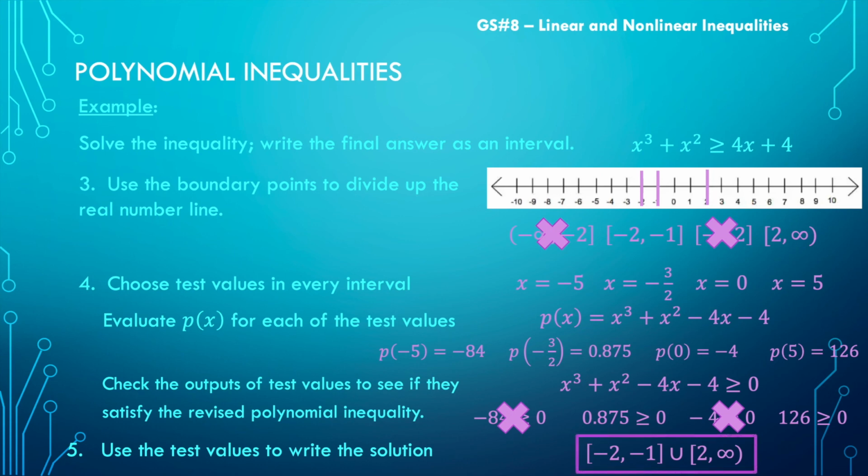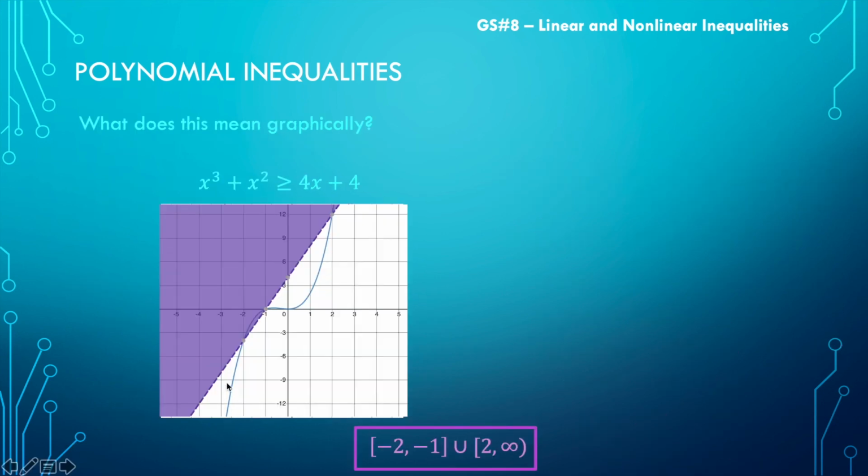All right, and so what does that look like graphically? Well, this is a little more tricky, especially the original inequality. I have here in blue the graph of x cubed plus x squared. All right, and with the purple dashed line, and it really should be a solid line if we were really thinking about this as an inequality, we are looking at everything that is greater than 4x plus 4.